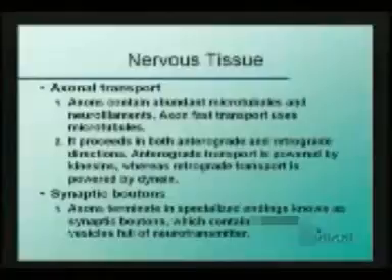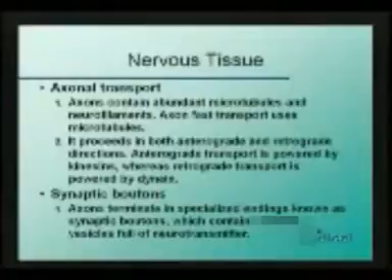And as we alluded to earlier, since the axon does not contain rough endoplasmic reticulum, any neurotransmitter or precursor of a neurotransmitter that's synthesized in the cell body must be transported down the length of the axon. And this transport process basically comes in two phases and basically utilizes microtubules.